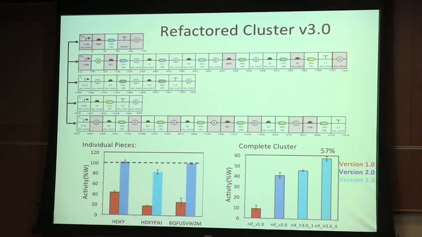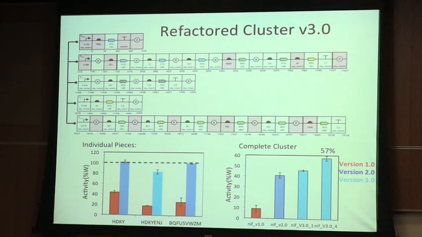So what we're finding is that one of the big questions when we started was whether, when we take this very dramatic process where we wipe out all of the native regulation and replace it with synthetic regulation, there was something about the wild type that we were missing, that we were just eliminating and could never get back. And what we're finding is that we can do just as well, or almost just as well, with a completely synthetic system. And I think we're very close to fully recovering the activity.